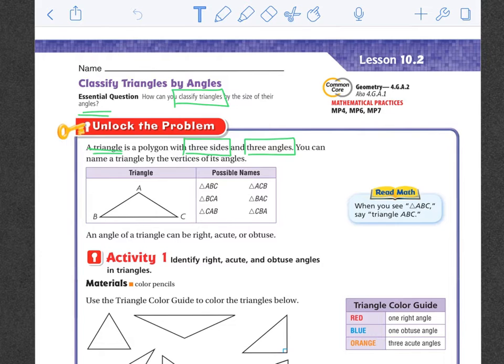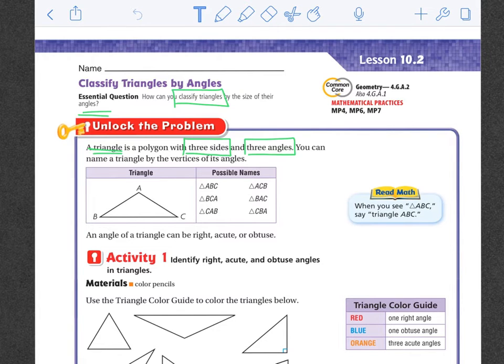So you could say that this is triangle ABC, triangle BCA, triangle CAB, triangle ACB, triangle BAC, or triangle CBA.